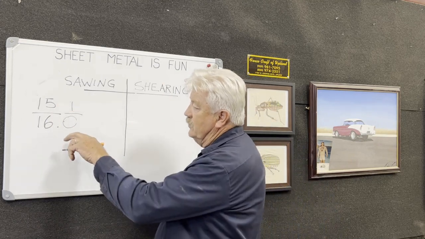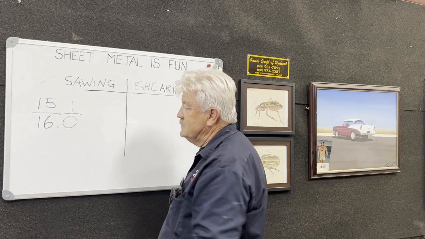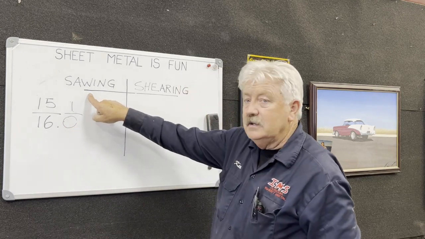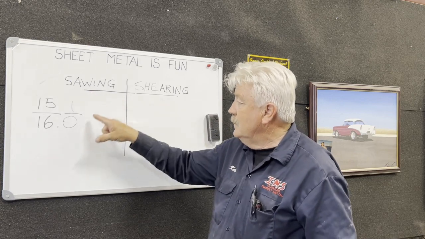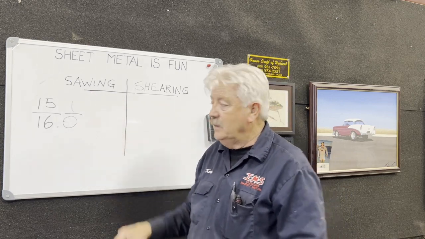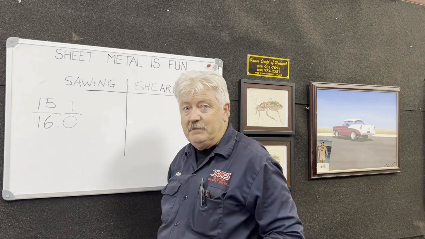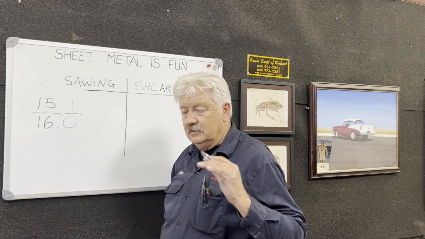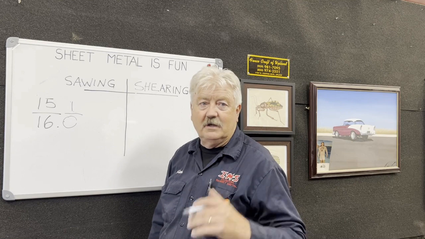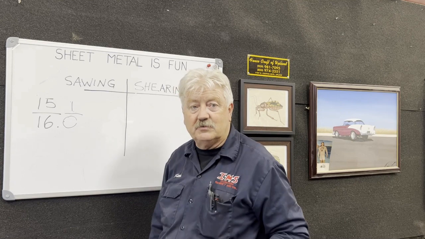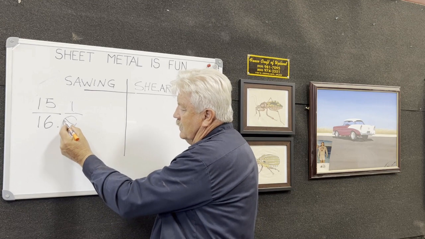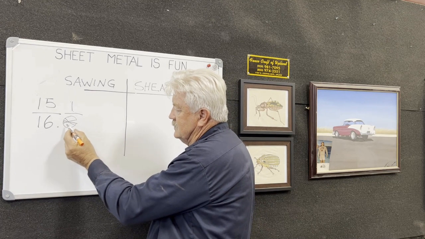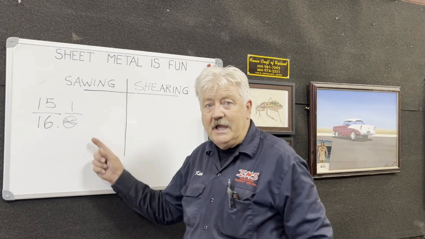So what I want you to do is visualize, here's our pizza. Today's lesson is about the difference between sawing and shearing. If we had a pizza and we were going to cut it into 16 pieces, let's use a chainsaw. Everybody cuts their pizza with a chainsaw. We're going to cut this pizza into 16 pieces with a chainsaw.